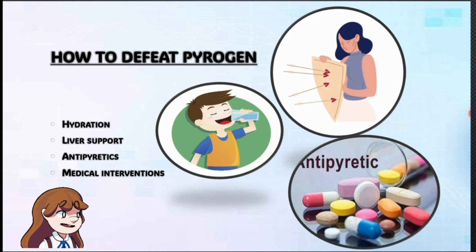Antipyretics work against the pyrogen and are artificial, like aspirin. And lastly, medical intervention. If the fever lasts more than 7 days, consult a doctor. The doctor gives a specific antibiotic for that antigen. And yes, these are all the defense mechanisms of our body.